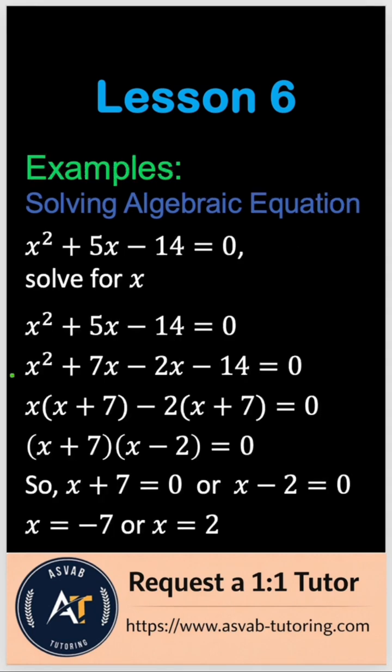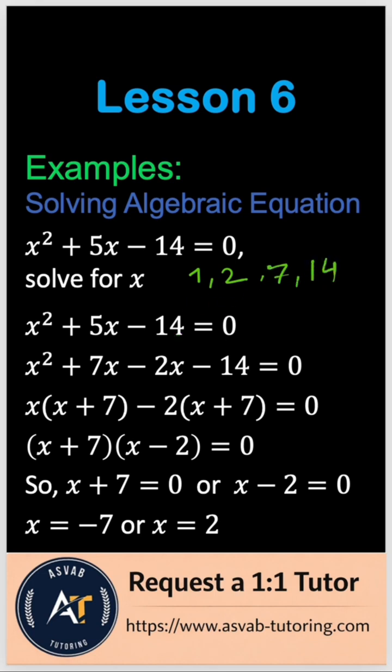Next, we have another example, which is solving the algebraic equation x squared plus 5x minus 14 equals 0, solve for x. So first, we need to do the middle term split again. We know that the factors of 14 are 1, 2, 7, and 14.